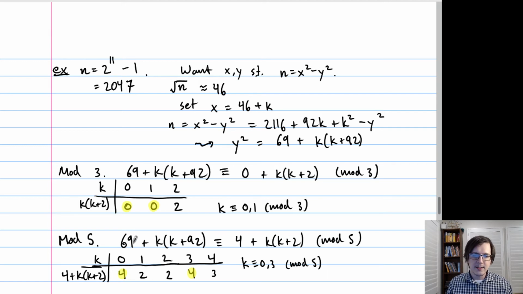And mod 5, I reduced it again, calculated the values for various k's mod 5. And 2 and 3 are not quadratic residues, so k congruent to 1, 2, or 4 mod 5 are excluded, leaving just 0 and 3.